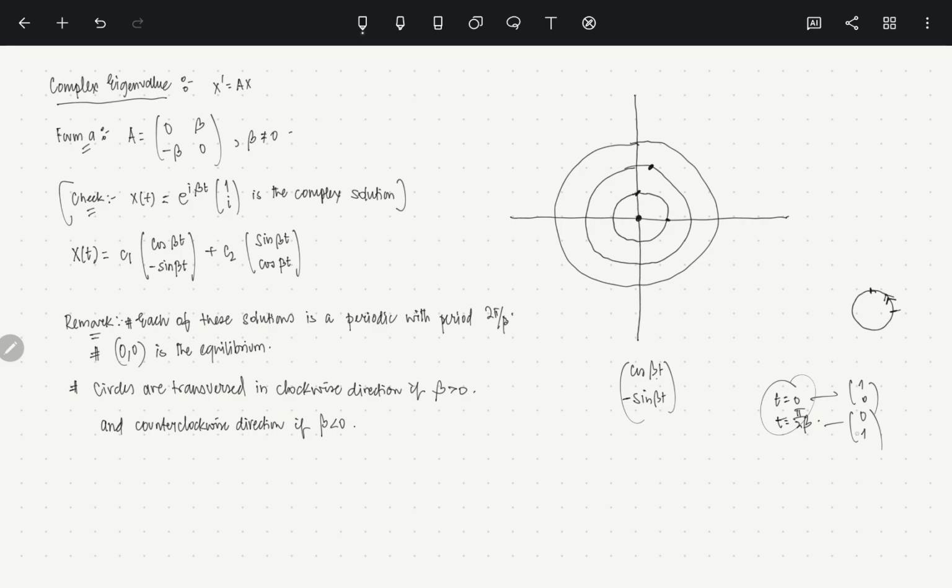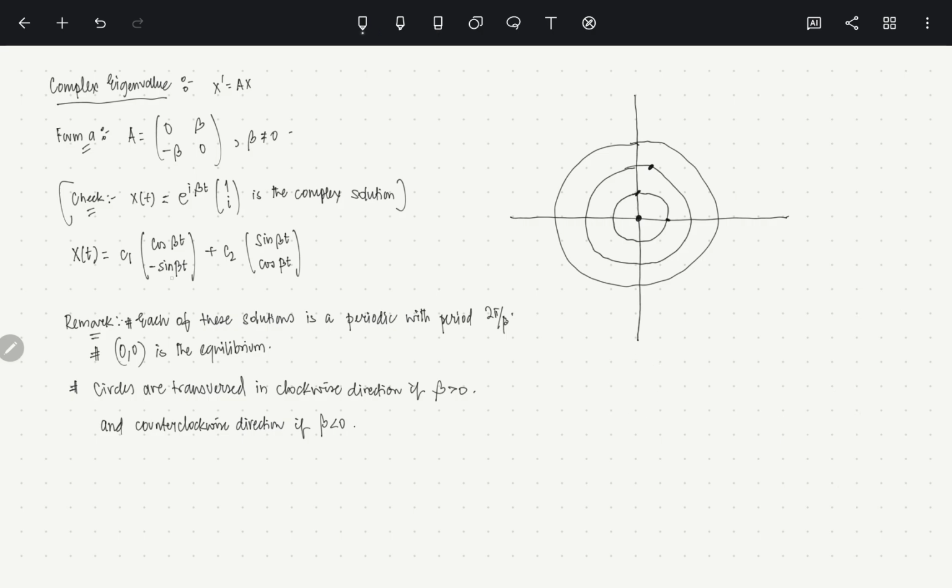So you do realize that here it will be 0, minus 1. So you see, it's a circle. It starts from 1, 0 at t equals 0. As t is increasing, at t equals pi by 2 beta, beta is positive, so it goes here. You see, it is moving towards this. That is why it is clockwise. Sorry for the confusion. So this goes towards this.